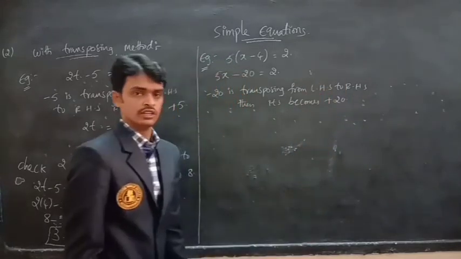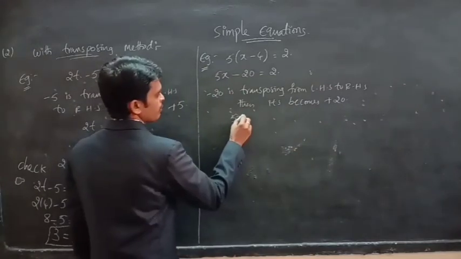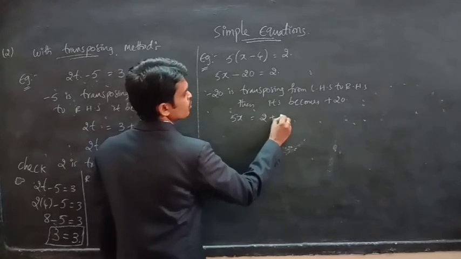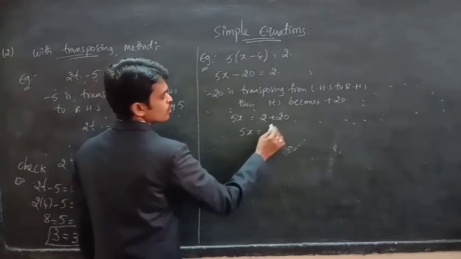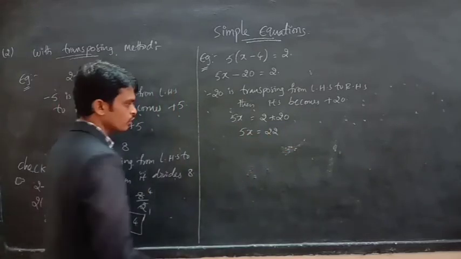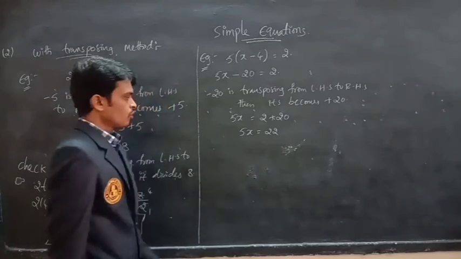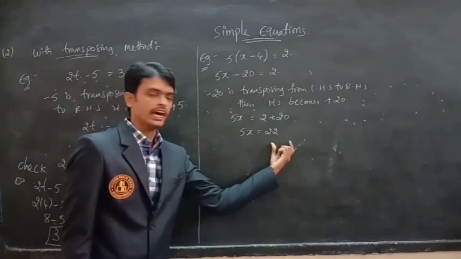Then it becomes what? Plus 20. Minus 20 becomes a plus 20. So 5x is equals to 2 plus 20. Then 5x is equals to 20 plus 2, 22. Now we have to transpose the 5 from LHS to RHS.